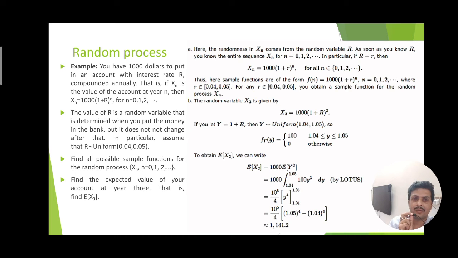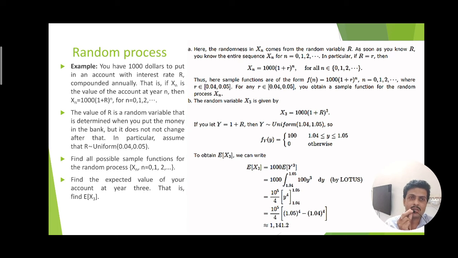If the bank rate of interest is 4% to 5%, you have to find all the possible sample functions for the random process xn, and find the expected value of your account at year 3, that is, after the end of the third year. What is the expected value of your bank account? You have to calculate these things.